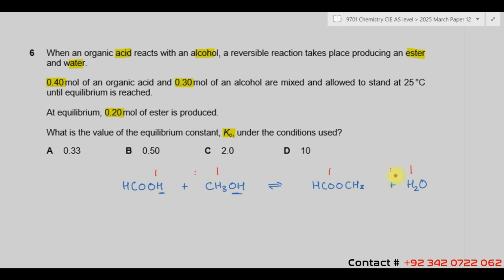So this part is acid, this one is alcohol, then we have ester and water. Now from the question we can see we have initial moles, which is 0.4 for acid and 0.3 for alcohol.